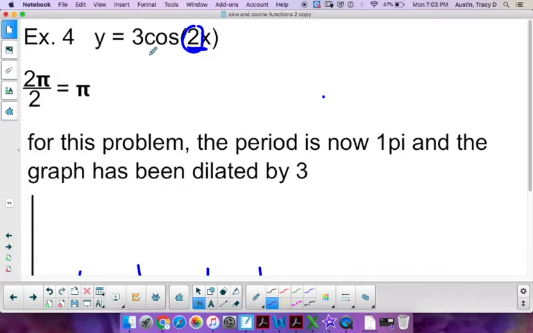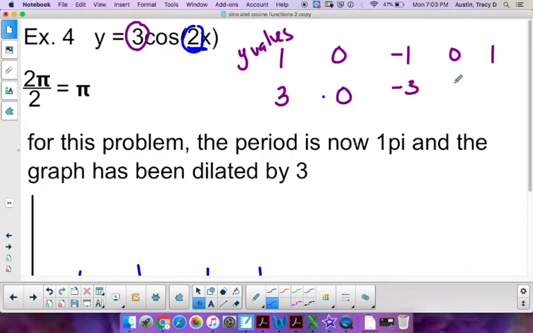Our normal cosine points would start at 1, and then go to 0, and then -1, and then back up to 0, and then back up to 1. These would be our y values, our normal ones. And those don't change. That's what we always start with. Well, we're now making them 3 times bigger. No problem. So now my y values are going to be 3, 0, -3, 0, 3. No big deal.